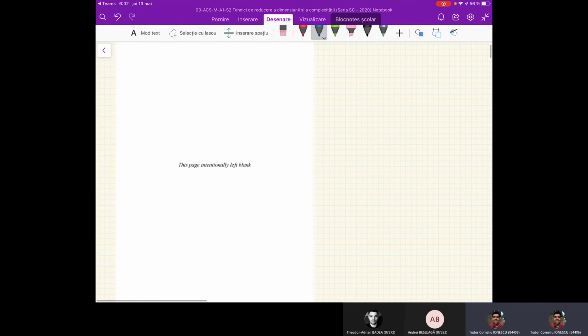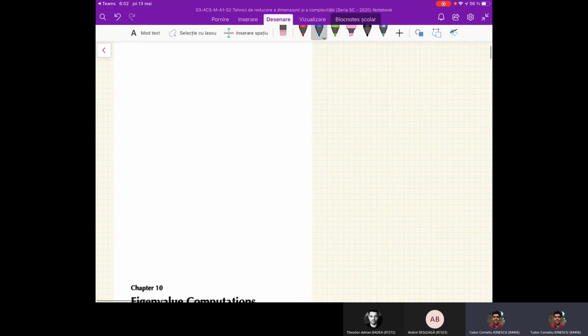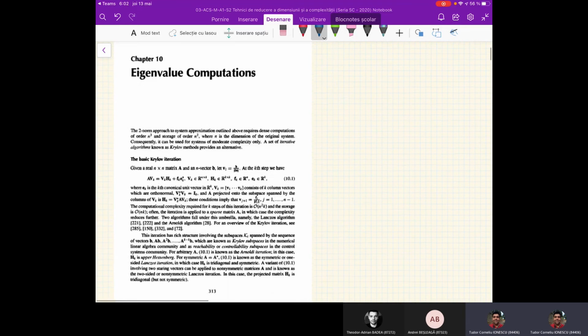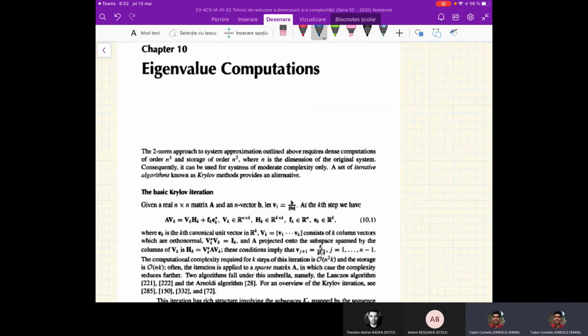This is the general mathematical problem of interpolation. Now, based on this type of thinking and ideas from linear algebra and from solving linear systems, people came up with specific methods which form a big group of very efficient model order reduction methods, which we are going to discuss now. It all starts from ideas such as eigenvalue computation.